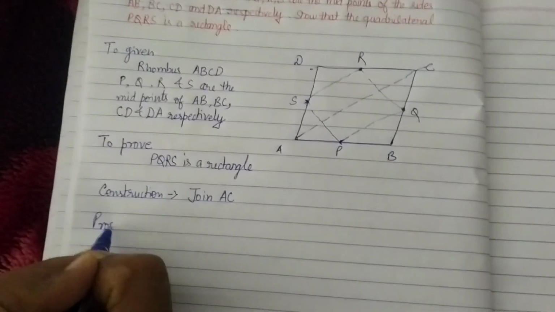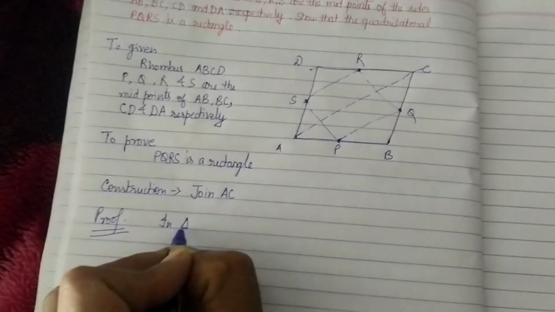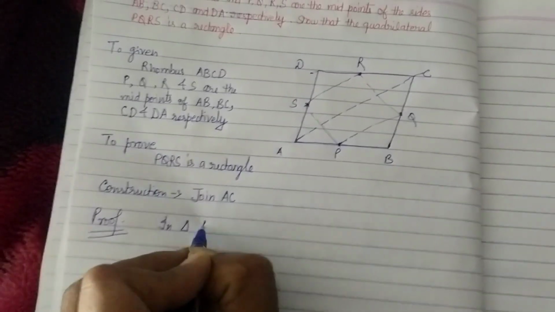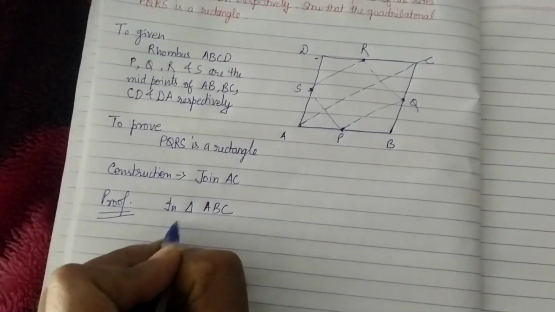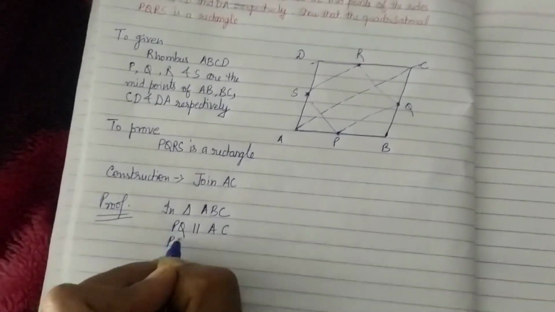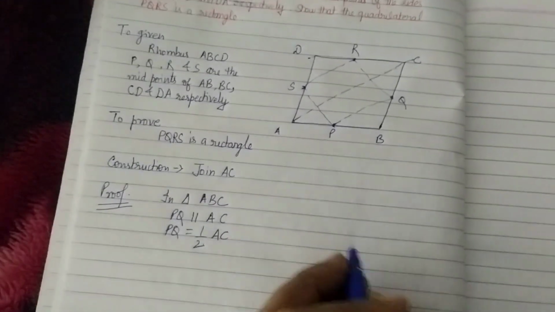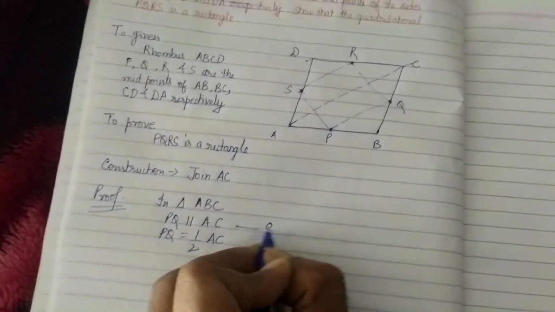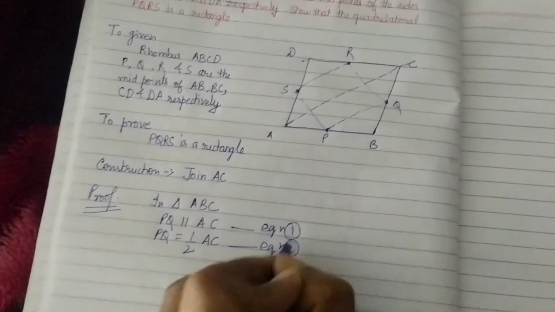First we will prove it a parallelogram. So in triangle ABC, PQ will be parallel to AC and PQ will be half of AC. So equation number 1, equation number 2.